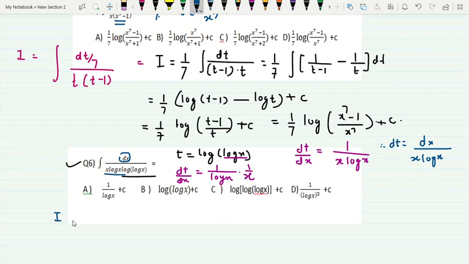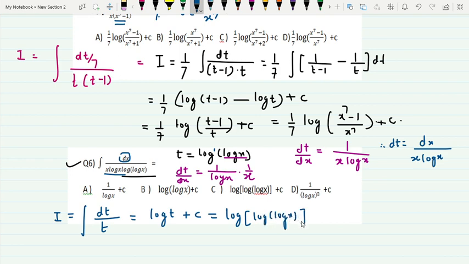So the integral I will be equal to dx upon x log x is dt and log of log x is t. Integral dt upon t is log t plus c, but our t is equal to what? t is log of log x. It will be log of log x plus c. So here option C is the correct option.